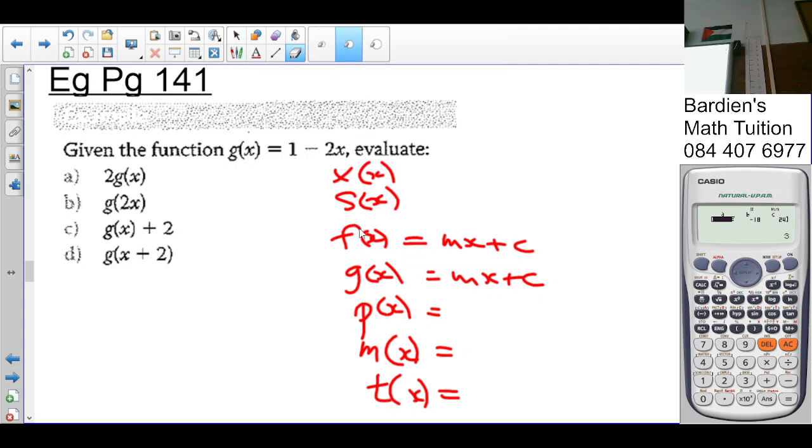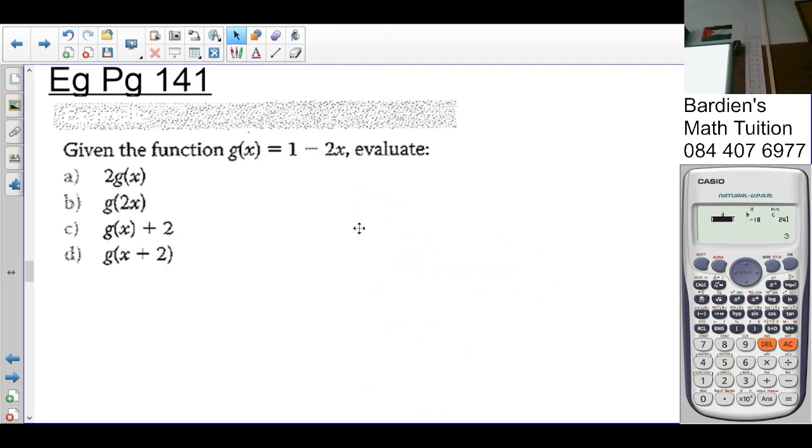Given that g of x is equal to 1 minus 2x, evaluate. Evaluate, determine, calculate, simplify all mean the same thing to us. So if g of x is equal to 1 minus 2x, what is 2 times g of x? Try that one quickly.